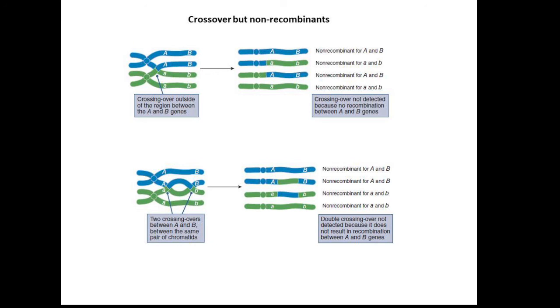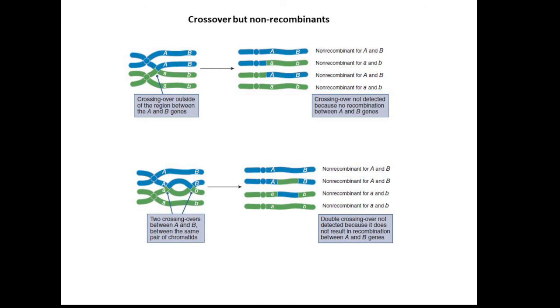So now this particular chromosome at the right-hand side, the blue chromosome, has part of the chromosome fused with the green, but the alleles are not rearranged. Still, small a is coming with small b, and capital A is coming with capital B, because the crossover event is happening outside of these two genes A and B.